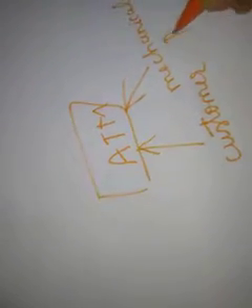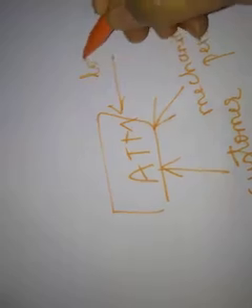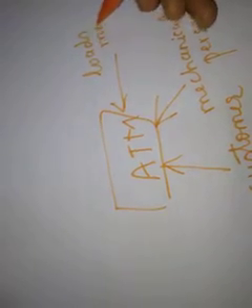But when the ATM system is considered, the ATM is directly used by the customers who want to withdraw money, by the mechanical people who want to repair it, or by a person like a cashier who loads the money, right?